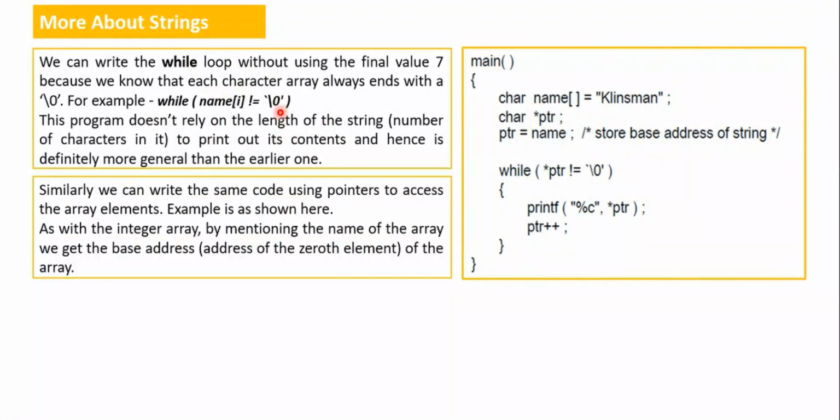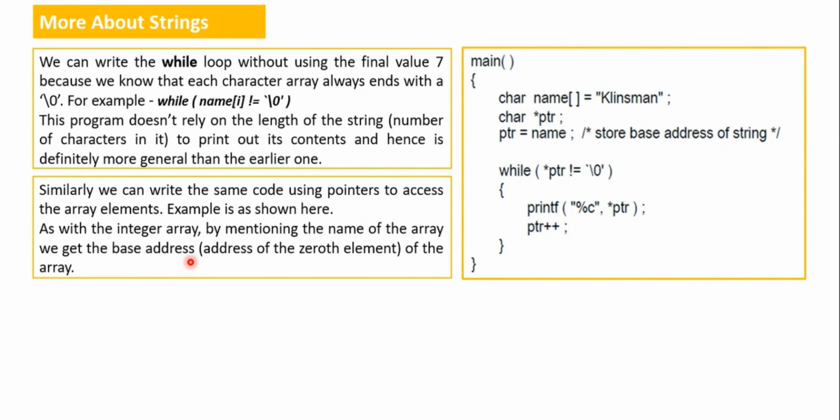Similarly, we can write the same code using pointers to access the array elements. An example is shown in this code. We have a char array name, Klinsmann, and we have a pointer to character. What we have done is store the address of this array in the pointer variable. While the value at the address held by the pointer variable is not equal to \0, we print the value using the pointer variable. As with an integer array, by mentioning the name of the array we get the base address.